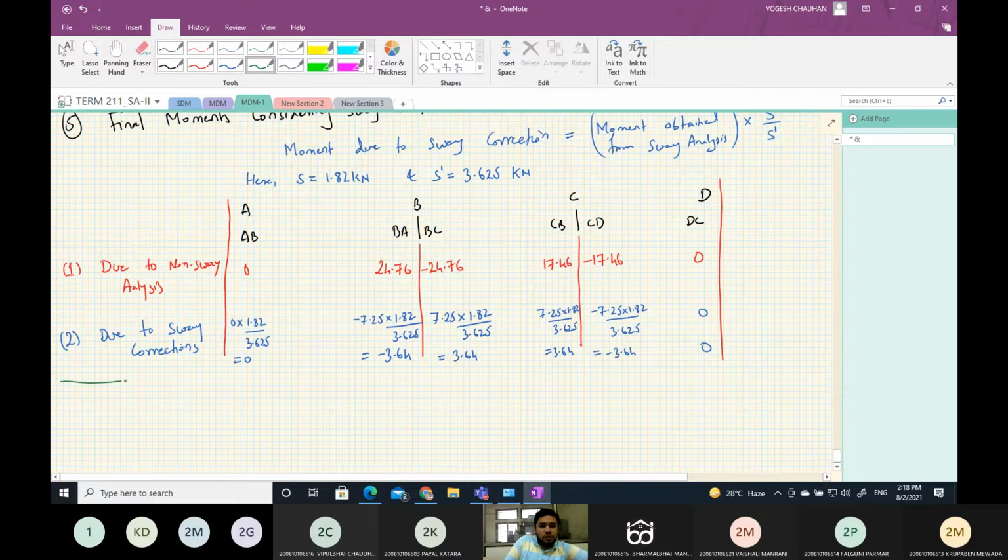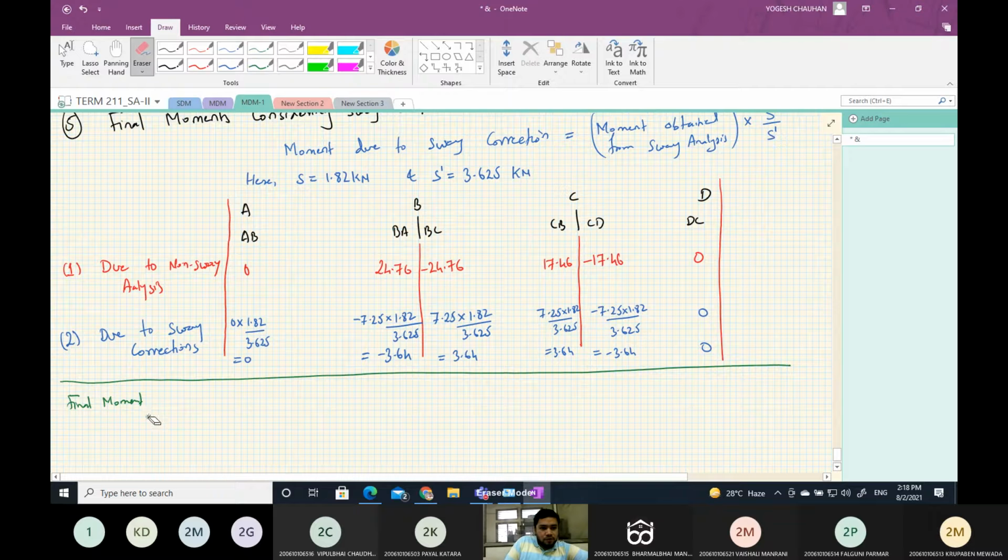Your final moment will be the sum of these two moments. So the final moment considering sway correction will be 0, then 24.76 minus 3.64, so this will be 21.12, this will be minus 21.12, then 17.46 plus 3.64, so this is again 21.1, and this will be minus 21.10.